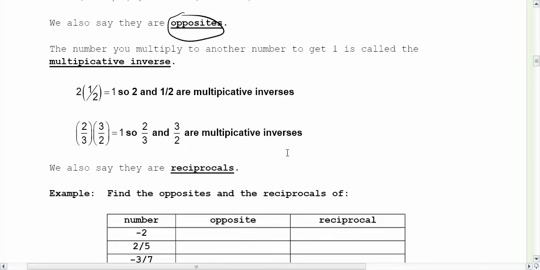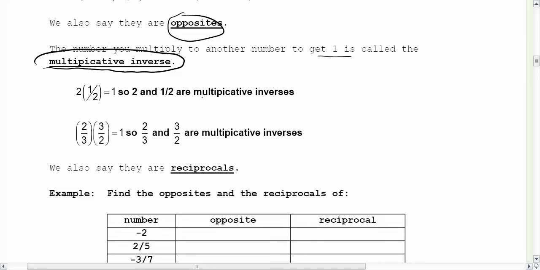In regards to multiplication, when you multiply one number by another number and you get 1, we call these things multiplicative inverses. So 2 times 1/2 is going to be equal to 1.